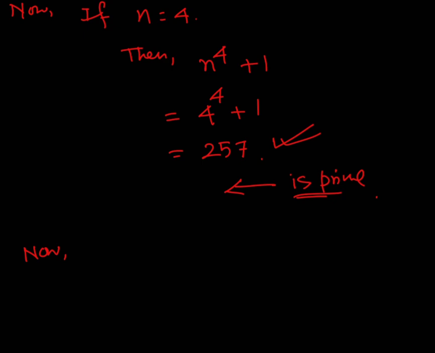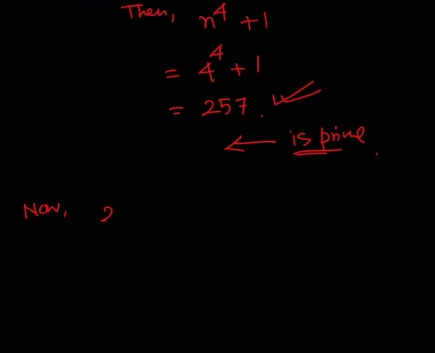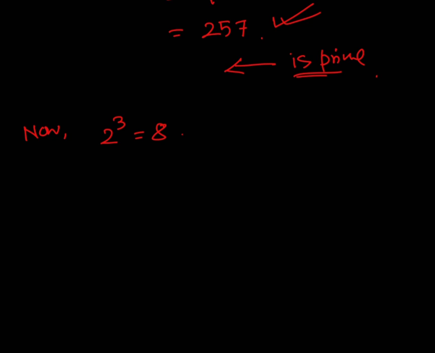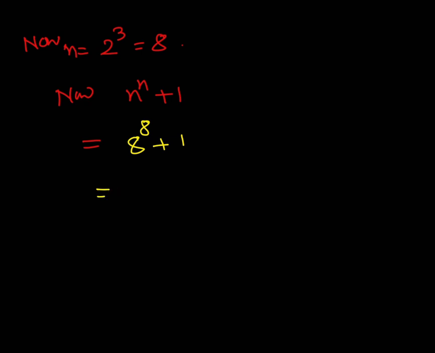Now the remaining number is 2 to the power 3, that is 8. For n equal to 8, n to the power n plus 1 is 8 to the power 8 plus 1. 8 is 2 to the power 3, so this is (2 to the power 8) whole power 3 plus 1.